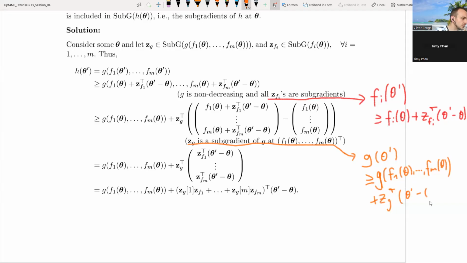So the vector consisting of f1 of theta and so on to fm of theta.